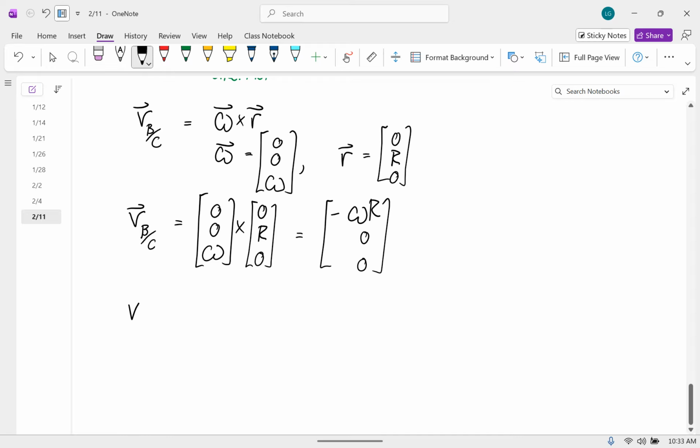And so now we can do relative motion. The velocity of B relative to the ground is equal to negative omega R, 0, 0, from the formula, plus the velocity of the center, which is also negative omega R, 0, 0.